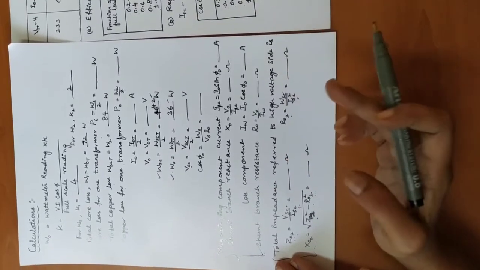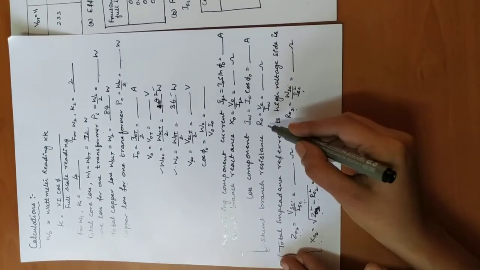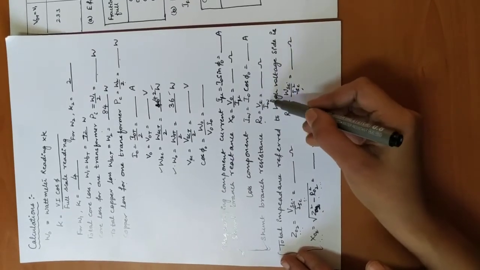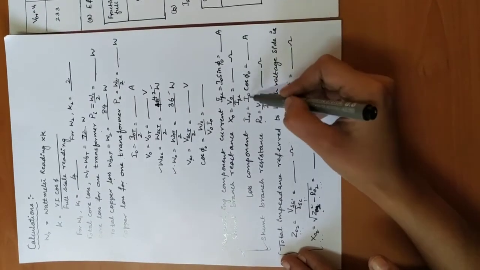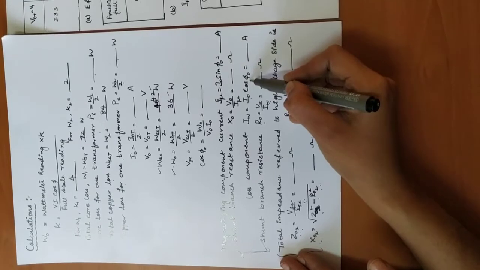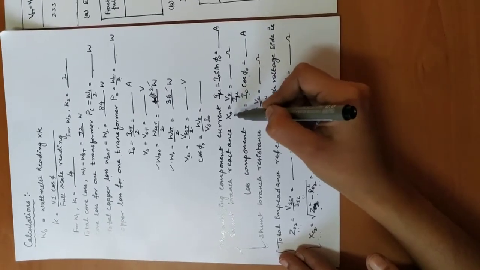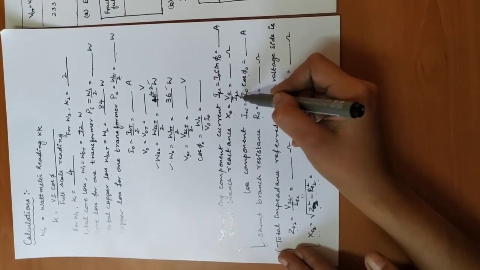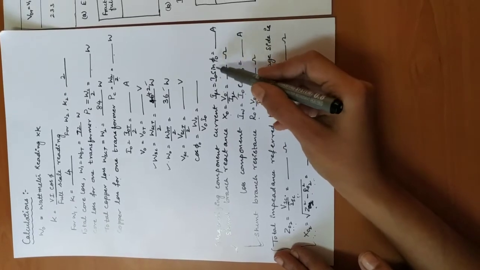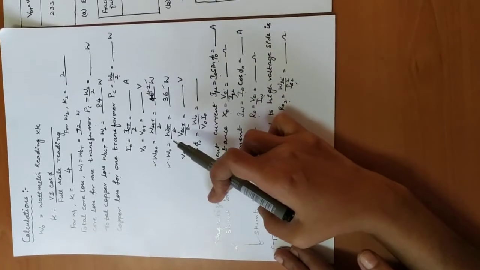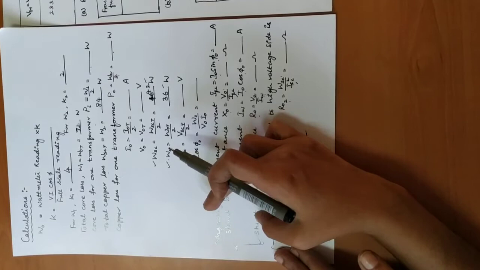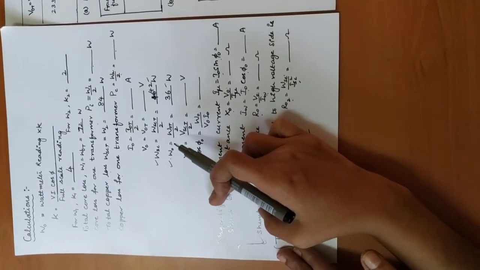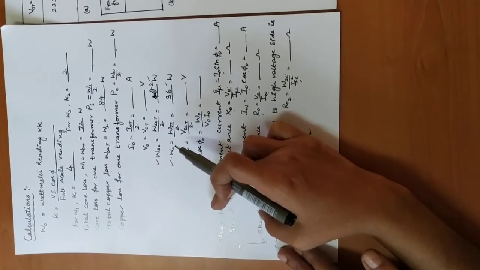R0 is V0 divided by IW, where IW is I0 into cos phi 0. And X0 can be obtained by V0 by I mu, the magnetizing component, which is given by I0 into sin phi 0. This is part of the calculation required for the shunt branch resistance and reactance in the equivalent circuit.